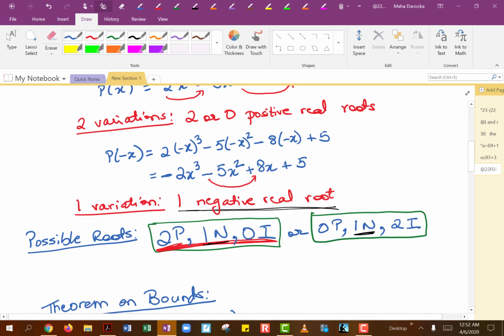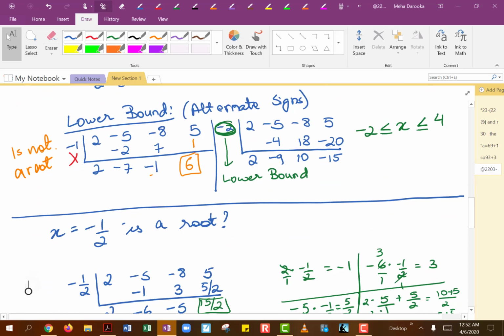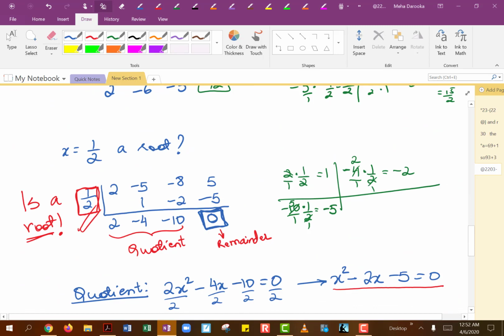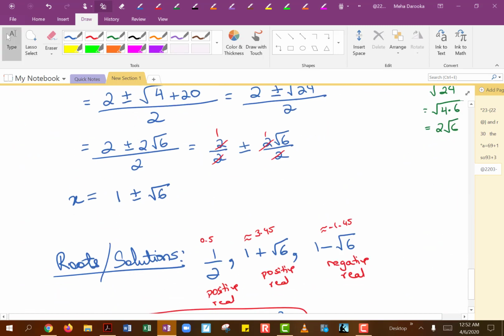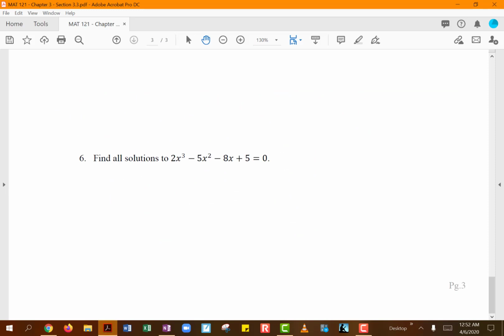That would be another thing you could try, but of course, that's going to be equally tedious, since you have to try all of those. So you can see what the process for this example was. Okay, so this is your example 6, which was the last one.